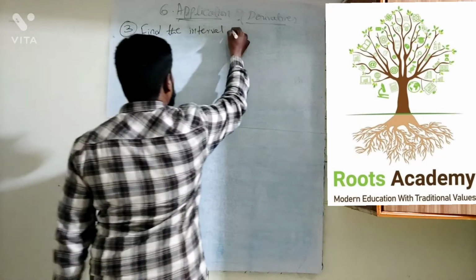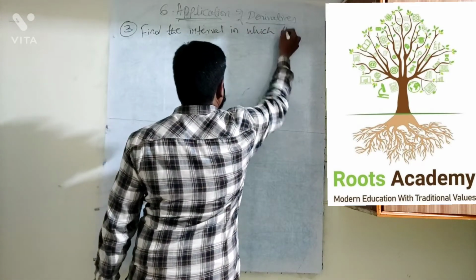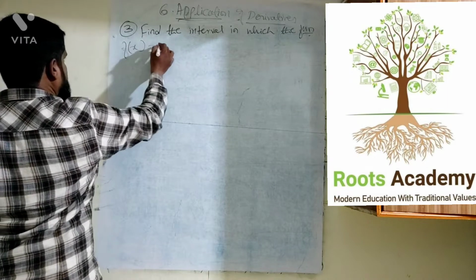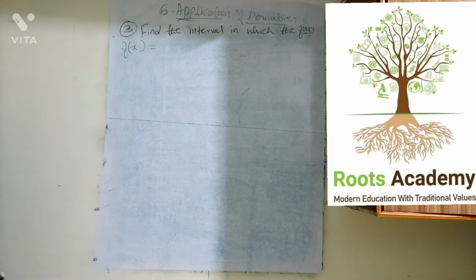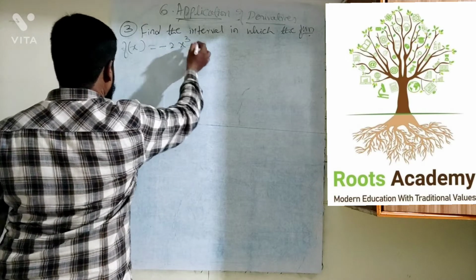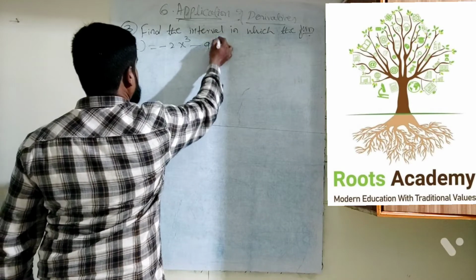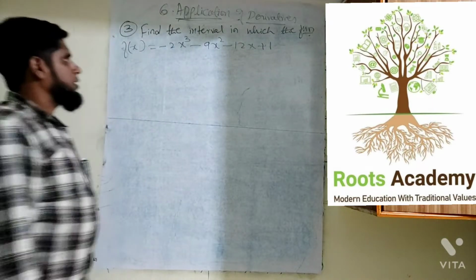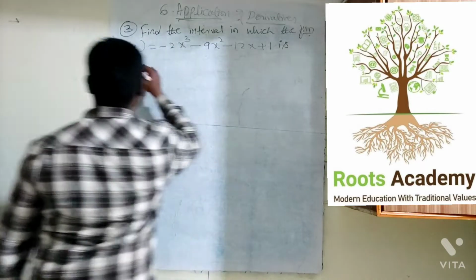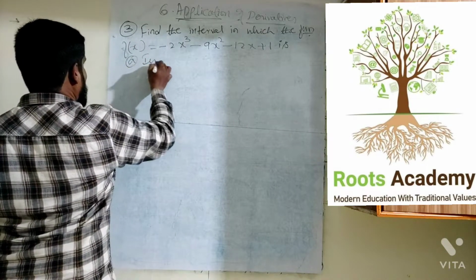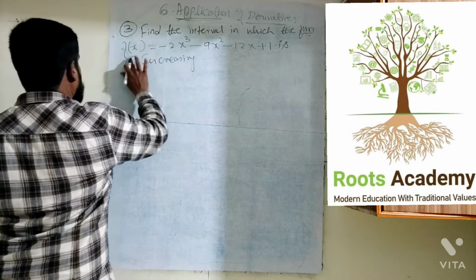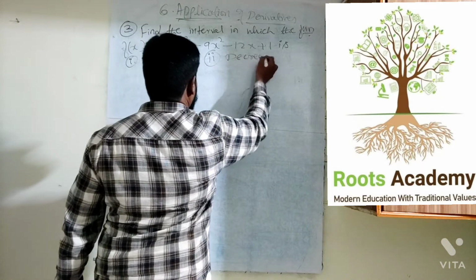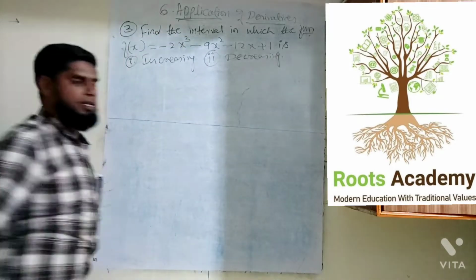Find the interval in which the function f of x is equal to minus 2x cube minus 9x square minus 12x plus 1 is, first one, increasing, and second one, decreasing.